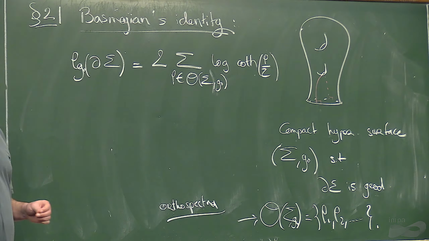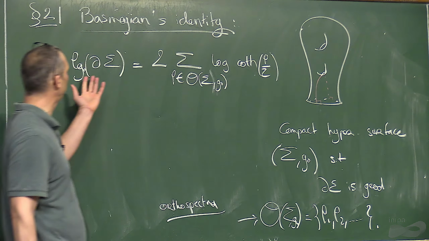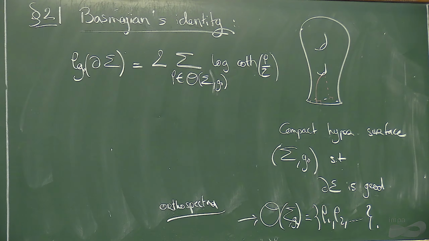Okay, so what is interesting here is that the length of the boundary can be completely described by the orthospectrum. So if two compact hyperbolic surfaces have the same orthospectrum, then they should have the same length of the boundary.